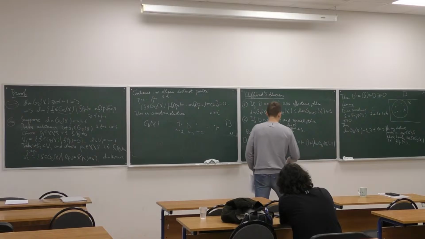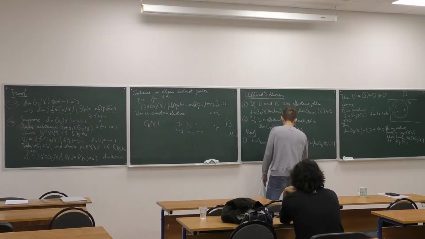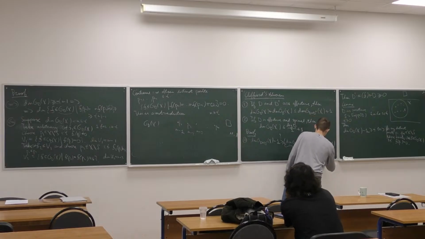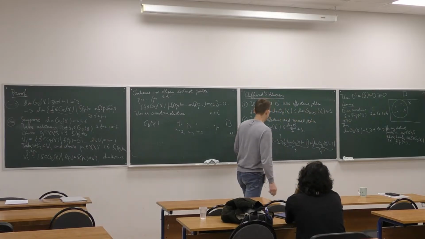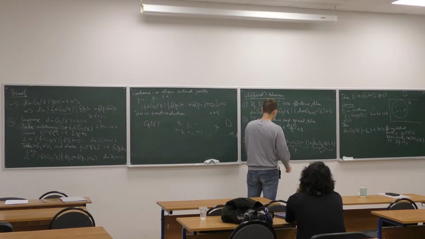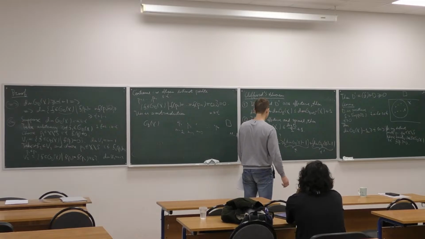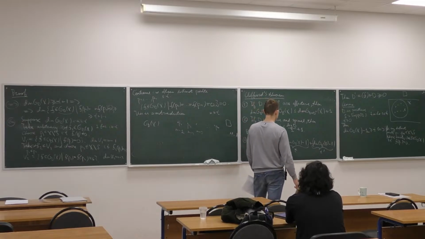So we want to check this. Okay, and then let us denote this by t, and then this by t prime. So you want to prove that this dimension minus 1 is greater or equal than t plus t prime.